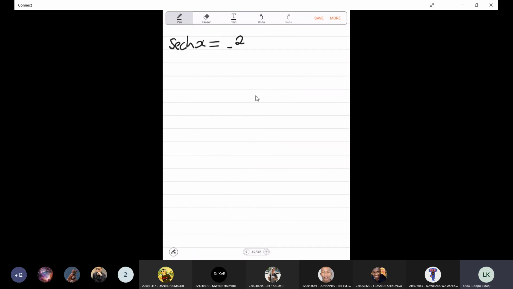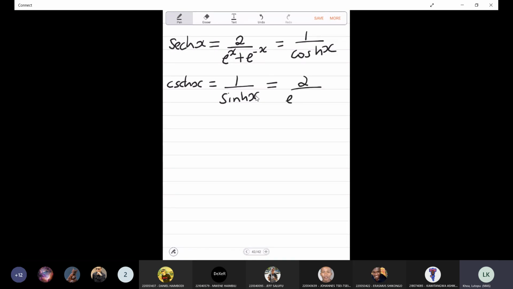So this is 2 divided by e to the power of x plus e to the power of minus x. So this is 1 over the hyperbolic cos. Same thing with the hyperbolic cosecant. This is the reciprocal of the hyperbolic sine. So this is 2 over e to the power of x minus e to the power of minus x.